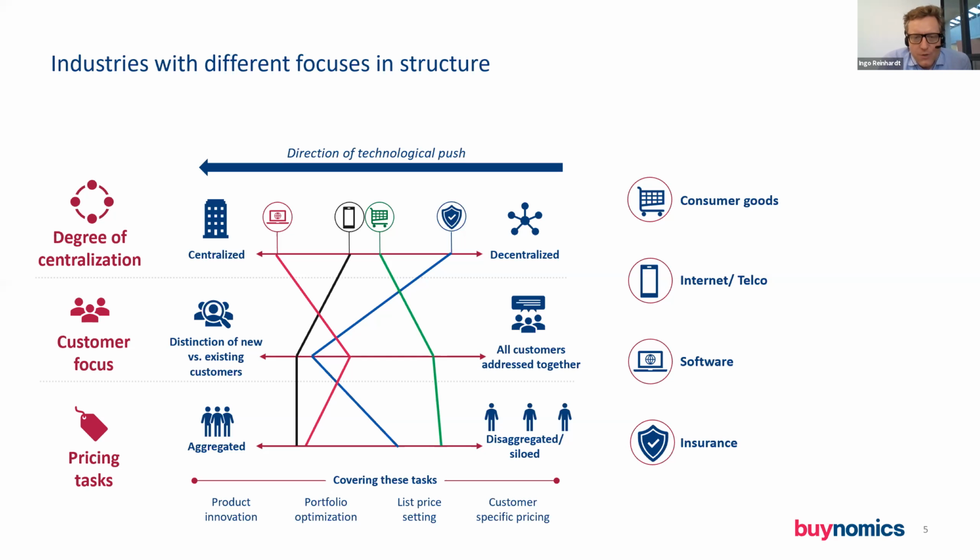But even for consumer goods companies, you see that they tend, where it's possible, to offer different product variations for more of their new customers, where they maybe want to attract a new customer with a small package size, whereas for the existing customers, they want to bind them to their product maybe with a larger pack to make sure that they don't switch to a competitor when the competitor has a promotion. So even there, you have a distinction between existing and new customers, but it's much weaker than for example, in a software or insurance or in any other repeat business.